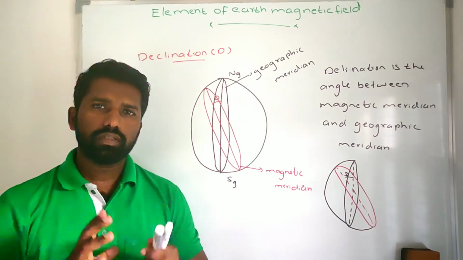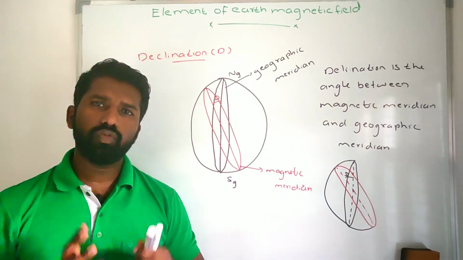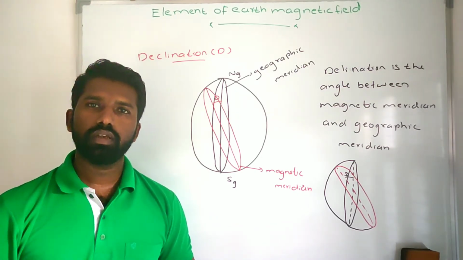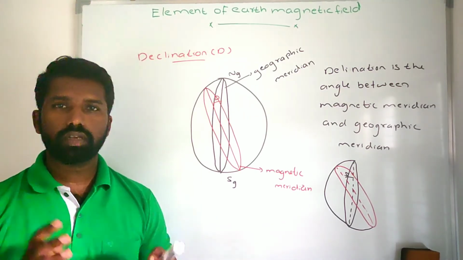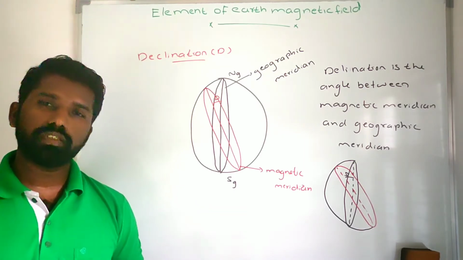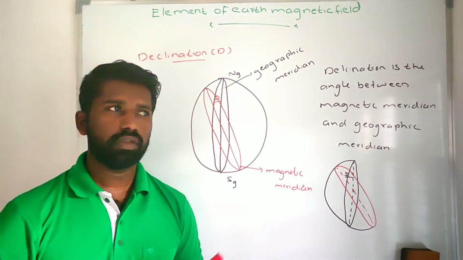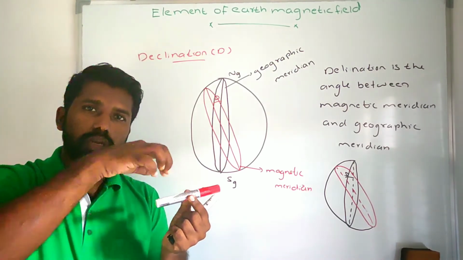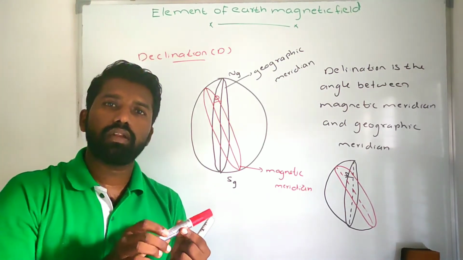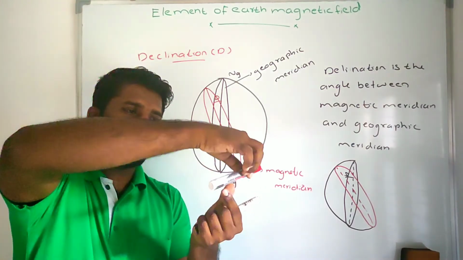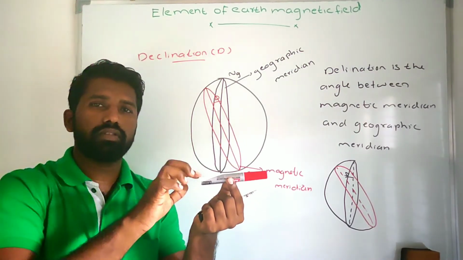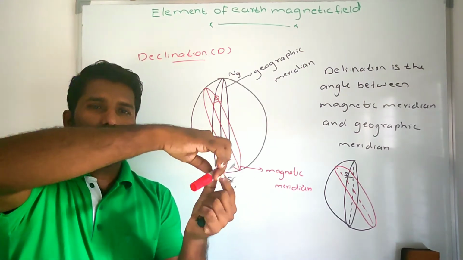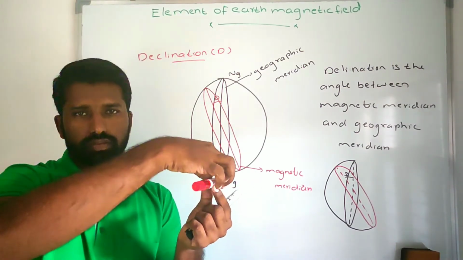How will you find this magnetic meridian? The magnetic meridian can be found using a horizontal freedom compass, otherwise a normal compass. What is meant by a horizontal freedom compass? It is a compass having a needle that is free to rotate in a horizontal plane like this. If this is the north pole and this is the south pole, this compass needle can rotate like this about a vertical axis.